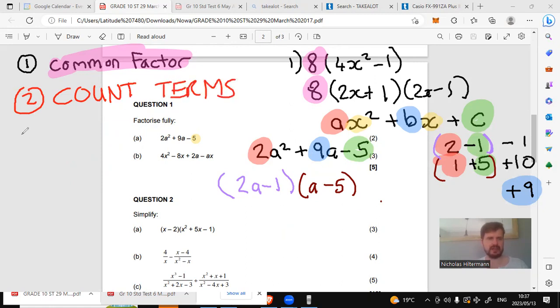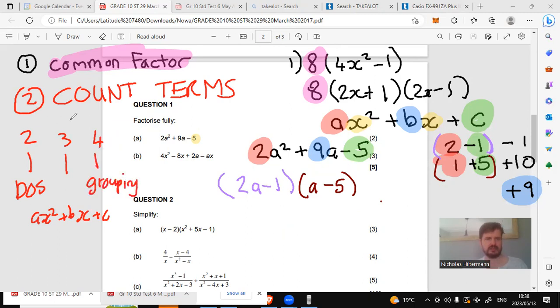And then narrow it down, right? So 2 is difference of squares. 3 is this ax squared plus bx plus c thing. And 4 is grouping. So count the terms, and then from there we have 3 options. So here we count the terms: 1, 2, 3, 4.